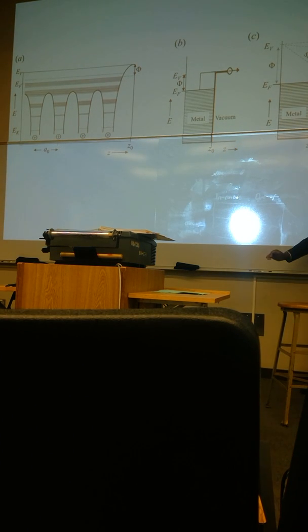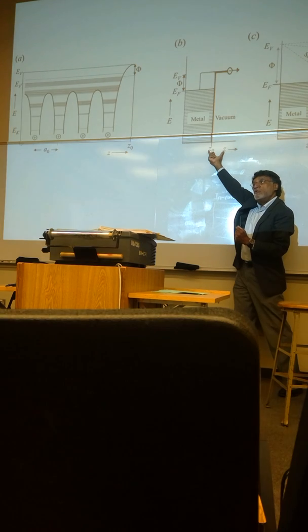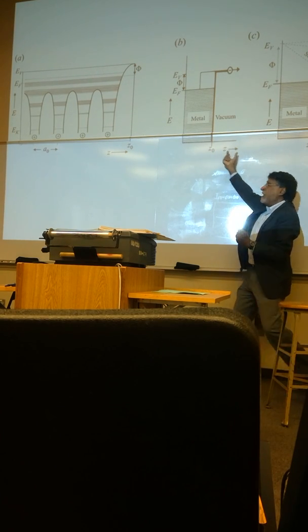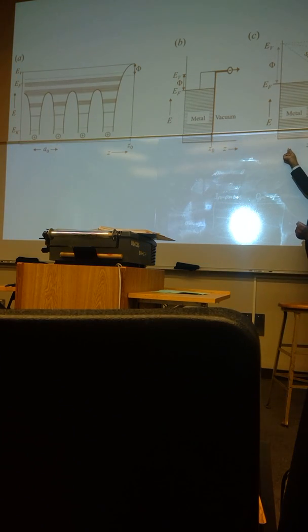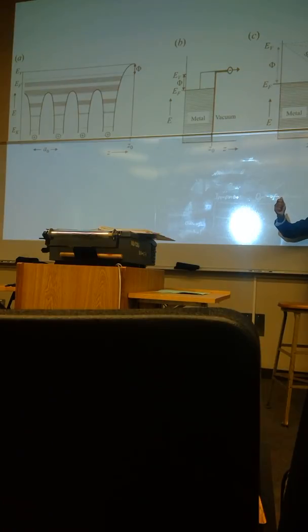And the colder the source, the narrower the energy spread. So here it would be the broad energy spread. Here the energy spread would be narrow. If you combine this with a little bit of thermal emission, the energy spread will go out a little bit. If you have a cold field emission, the energy spread will be very narrow. So that is the trade-off.